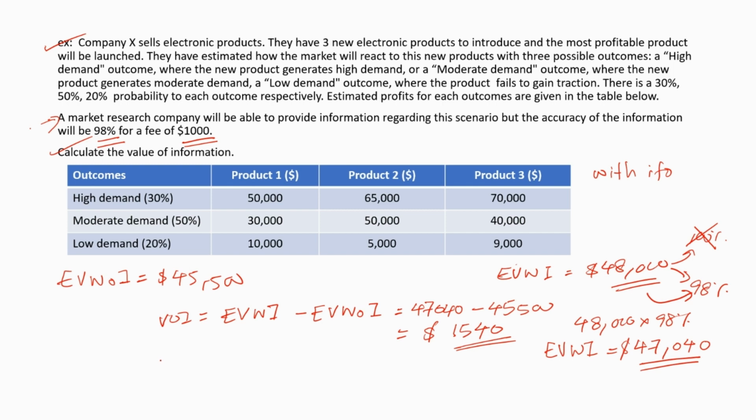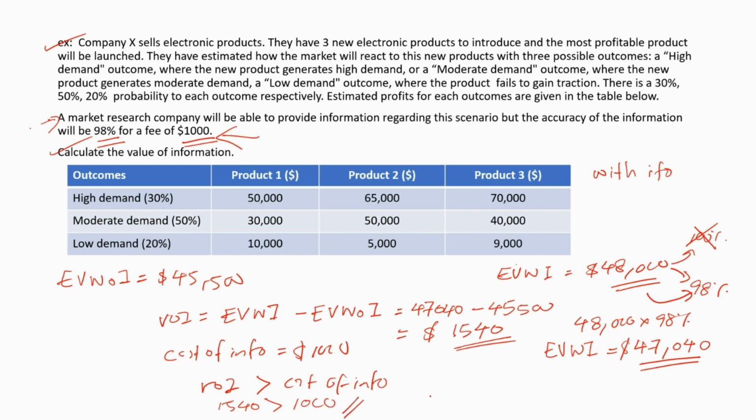Now let's compare and see whether the benefit exceeds the cost. So, cost of information is equal to $1,000, which is this value. So, value of information is greater than the cost of information, because 1,540 is greater than $1,000.